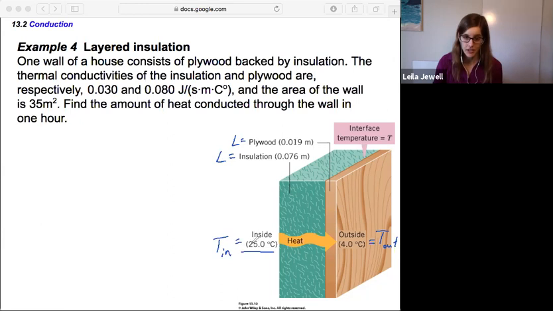So our delta T is not 25 minus 4, it's 25 minus whatever this interface temperature is, the temperature between those two parts of the wall. For the plywood, the temperature difference is the interface temperature and the outside temperature, right? So we have to consider this interface is a really key detail. We're going to have to look at the insulation separate of the plywood.